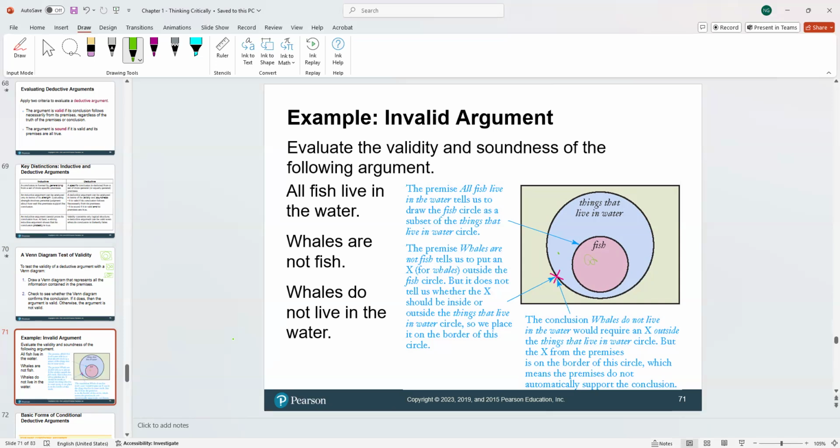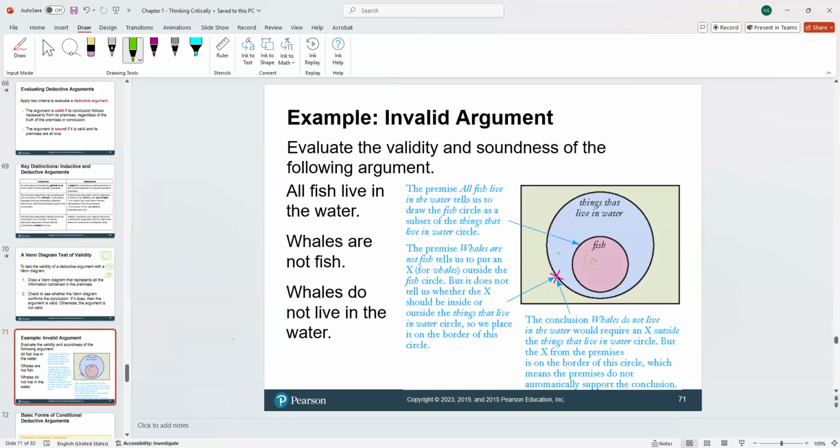The premise, all fish live in the water, tells us to draw the fish circle as a subset of the things that live in the water. That's what they tell us. The premise, walruses are not fish, tells us to put an X for walrus outside the fish circle. So it should be outside, right?